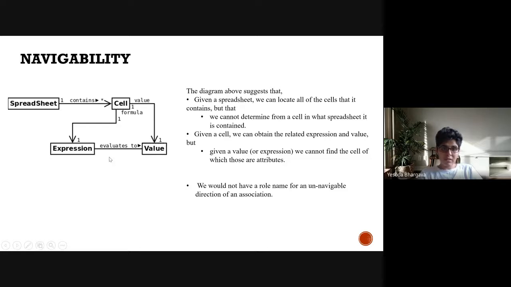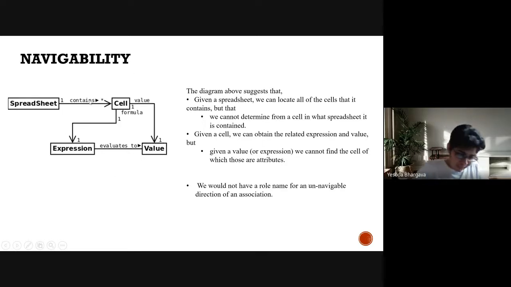Similarly, in this particular example, given a cell, you can obtain the related expression and value, but given a value, you cannot really find the cell whose attribute it is. So, the relationship from cell to expression, cell to value, and expression to value. So the idea behind navigability is that you can locate an expression from a cell, but you cannot understand the cell from the expression.